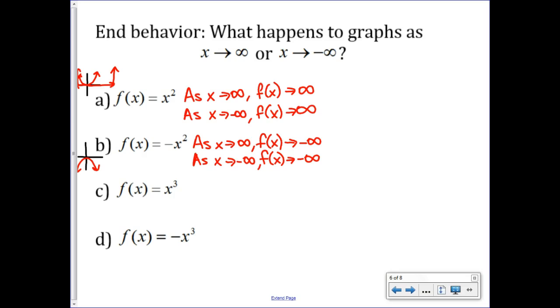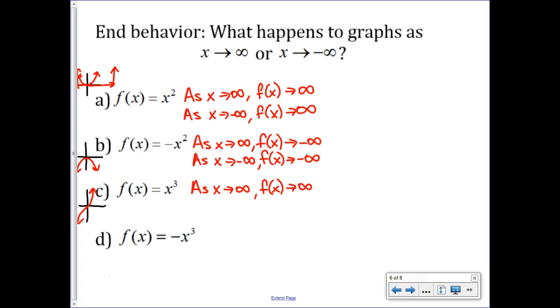Now x cubed, and this may be something that you haven't seen before. If you haven't, go ahead and put it in your calculator. Sometimes you'll hear this referred to as the John Travolta. It looks like this. So your graph is going in opposite directions. But as x approaches positive infinity, as it's going all the way to the right, f of x approaches positive infinity.